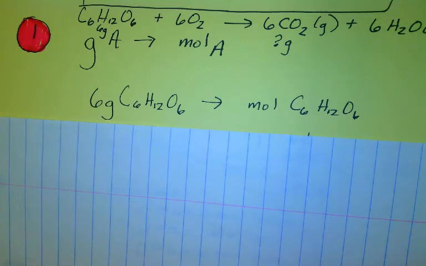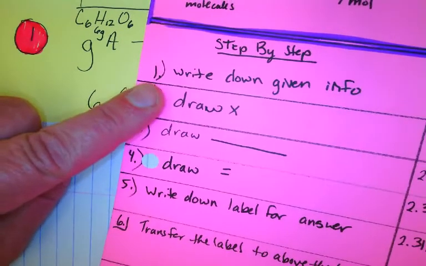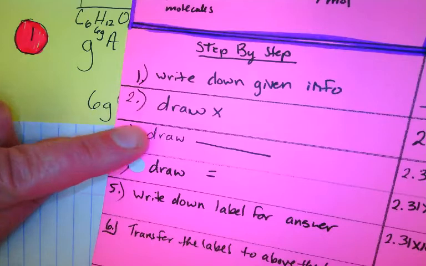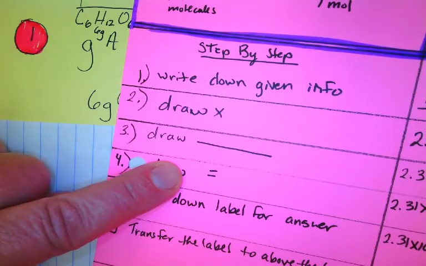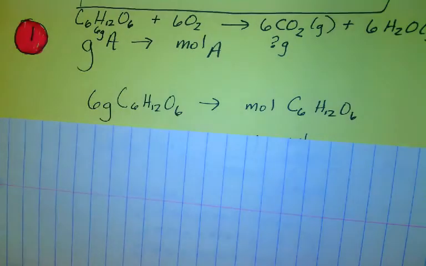Yes, okay, stop there. We got to do the steps. You remember, we got to write down our given information. We got to draw an X, a line, and an equal sign. Do you remember all that? Okay, so let's do it, shall we?